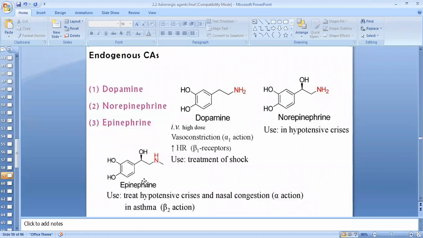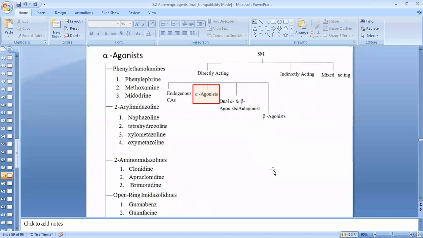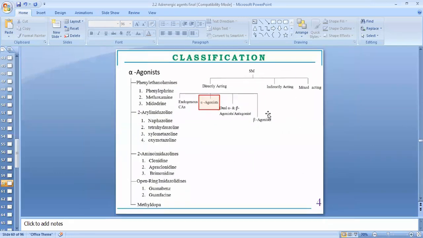In that, already we have discussed everything about those endogenous catecholamines. Those are dopamine, norepinephrine, and epinephrine. So they are there. They are synthesized in our body, and they are going to show these many actions in our body. Now we are interested in actual classification of drug, that is second part, alpha agonist.